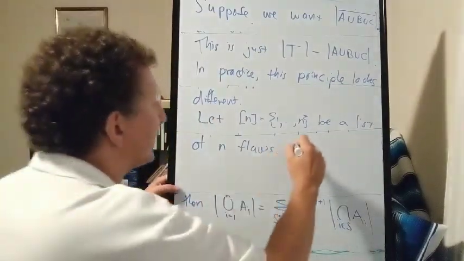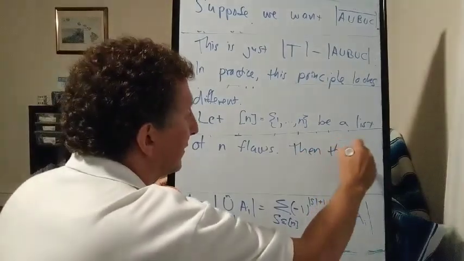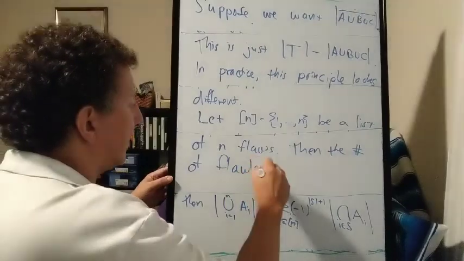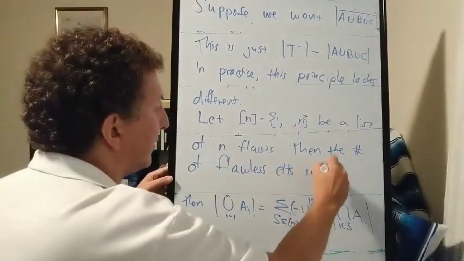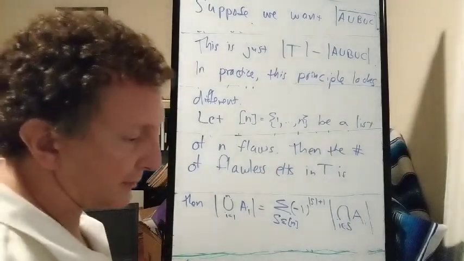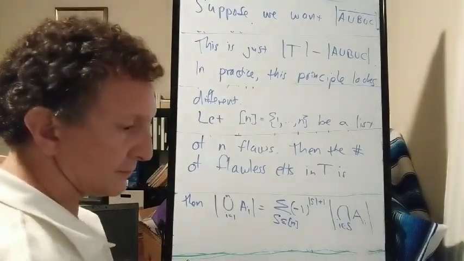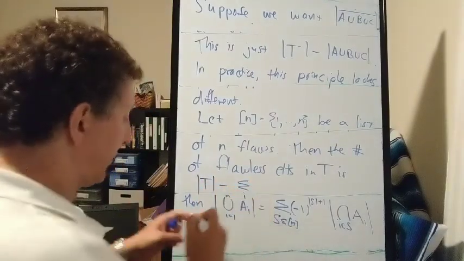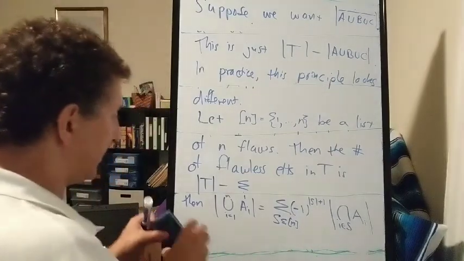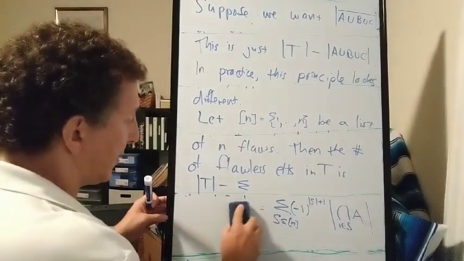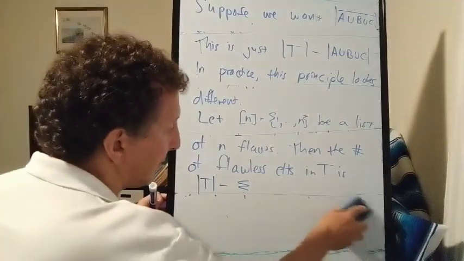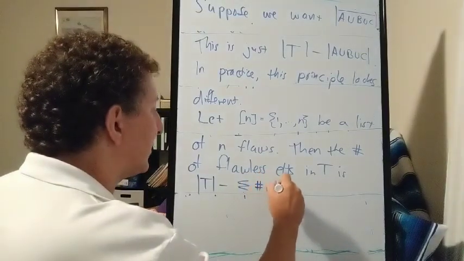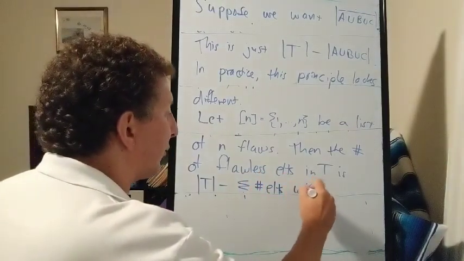Then the number of flawless elements in T is the number of elements in T minus a sum over i of the number of elements with flaw i.